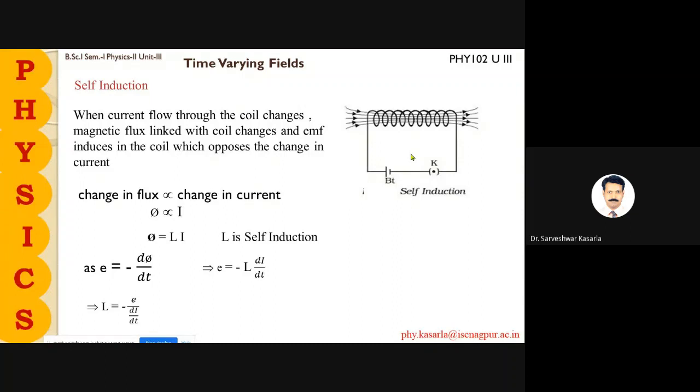So L is the self-inductance of a particular coil, which is equal to the EMF induced per unit rate of change of current. If there is a unit rate of change of current, then the EMF induced will be equal to the self-inductance. Its SI unit is Henry.